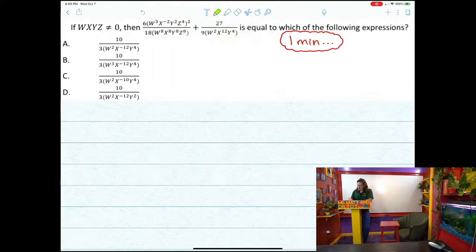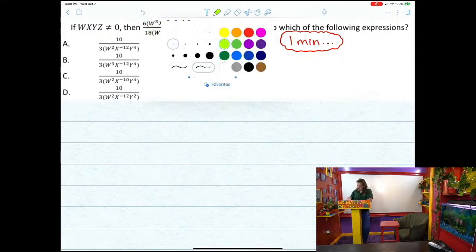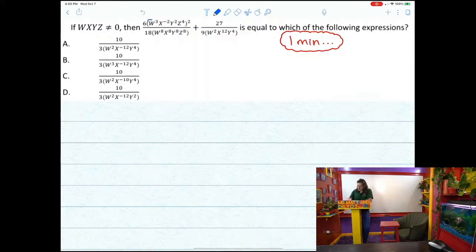So we could start by simplifying this right here. Let me get a different color that shows up better. I'm looking at w to the third power and w to the 8th power here. That's the same thing as w to the 3 minus 8 power, which is w to the negative 5th power.